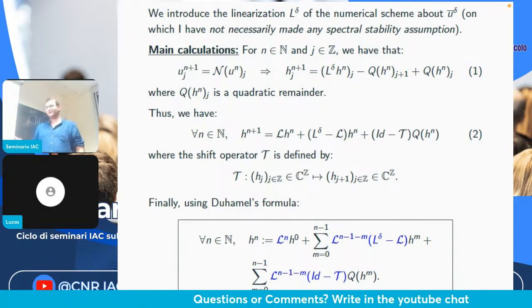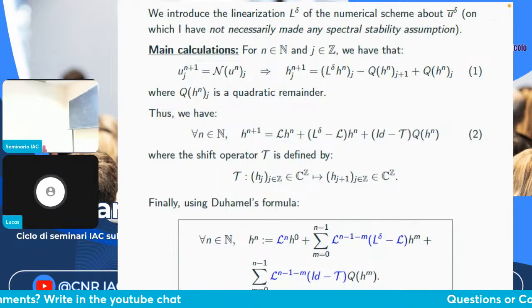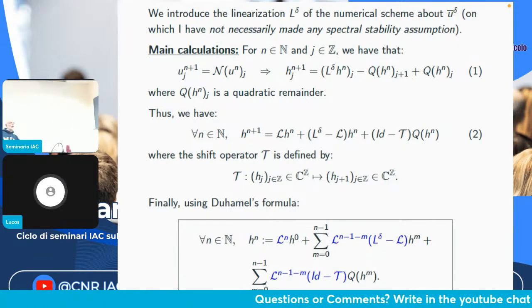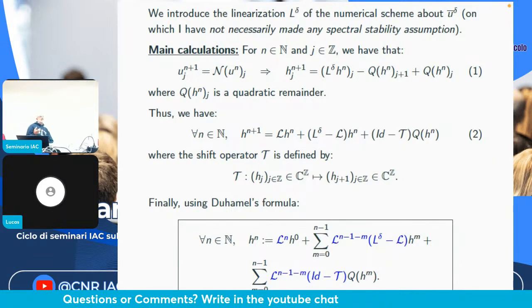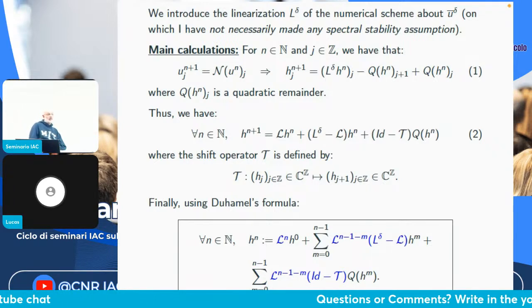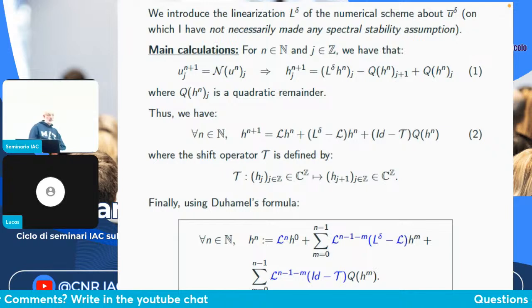Because for systems, what I expect, if you want to prove stability, okay? So you need to find a suitable functional, which is in some sense contracting. In the scalar case, you have monotonicity, so you have L1 contraction. Here, for systems, usually it's much more complicated because you have no L1 contraction.